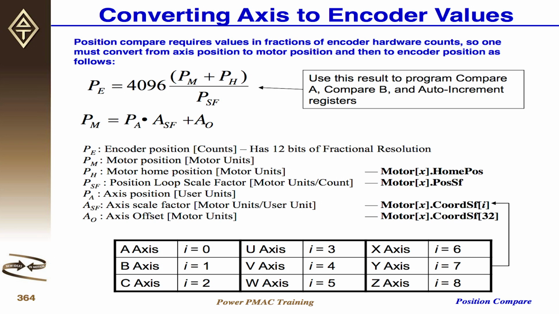Then from that, your axis scale factor is going to be coord scale factor with whatever number corresponds to your axis. A through C are 0 through 2, UVW are 3, 4, 5, XYZ are 6, 7, 8, and then it starts up again. AA is going to be 9, BB is going to be 10, going on through the alphabet, ignoring those 3 that we're skipping. And that would be how you determine that.